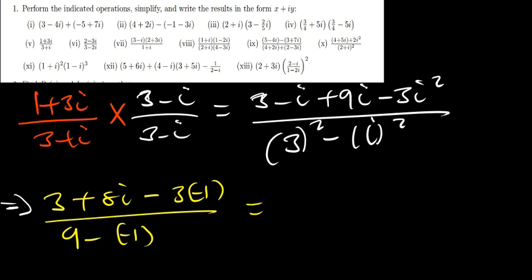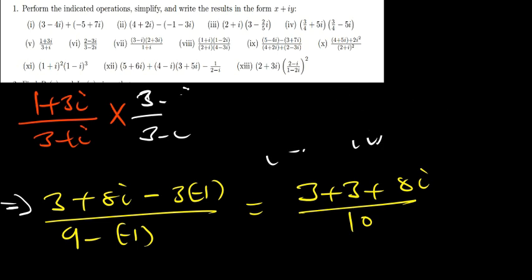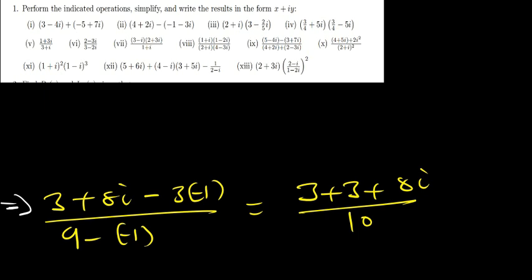So I'll end up having 3, because of this negative, this is going to be plus 3, then plus 8i, divided by 9, and because of the negative, this is going to be plus, so it's going to be 10. Now we can clearly see that 3 plus 3 is 6.